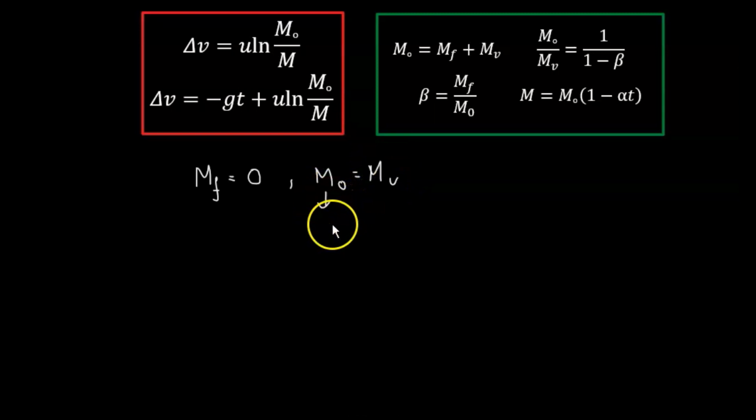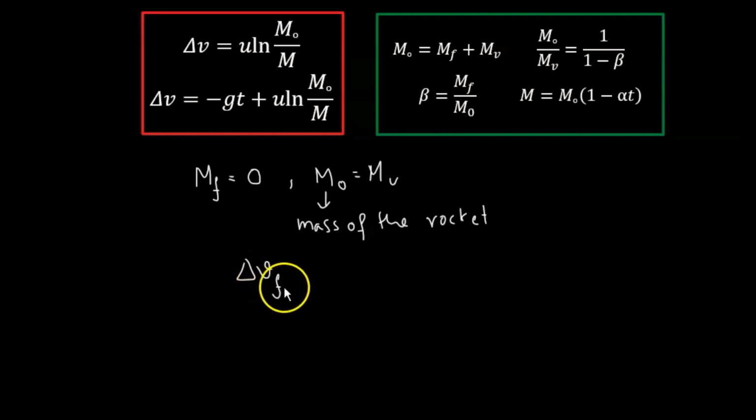Here m naught represents the mass of the rocket. So that means our equation will have delta V, where delta V is the change in velocity. So the final change in velocity will be equal to U times natural log of m naught divided by m. Here m, of course, there's an issue with the symbol.